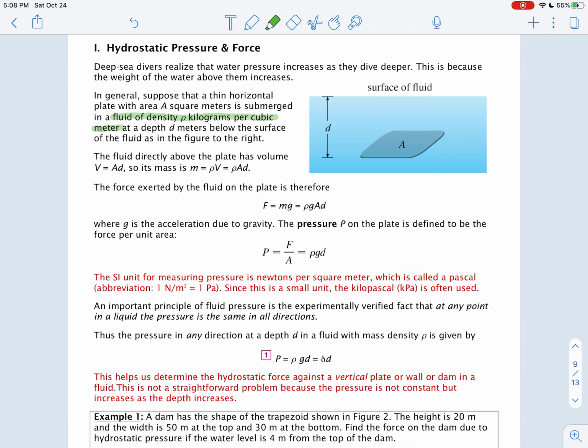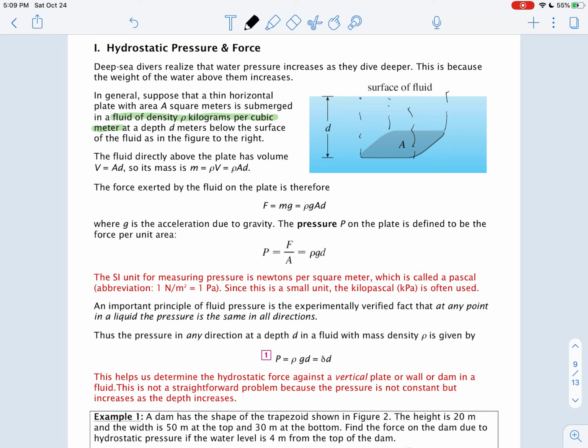So pressure increases the deeper you go. If the density of a liquid is measured in kilograms per cubic meter or pounds per cubic foot, we can take a look at just a plate that is submerged at a particular depth under the surface of the water, and we can look at what the volume is, because remember, cubic meters is a measure of volume of your liquid.